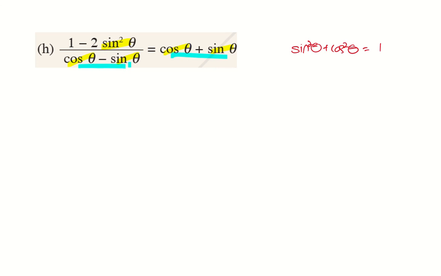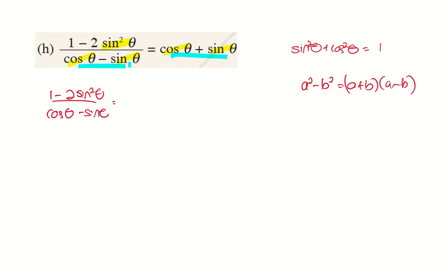From here you can see the shadow. It shows something like a square minus b square equals to a plus b, a minus b. Let's start from left hand side. 1 minus 2 sine square theta over cos theta minus sine theta. Sine square, let's change it to 1 minus cos square.